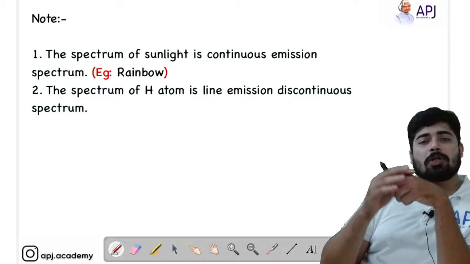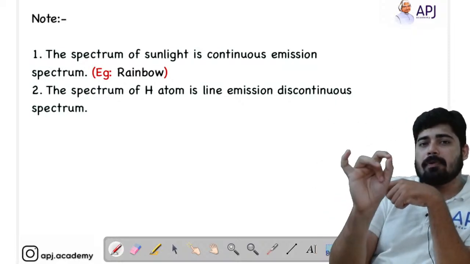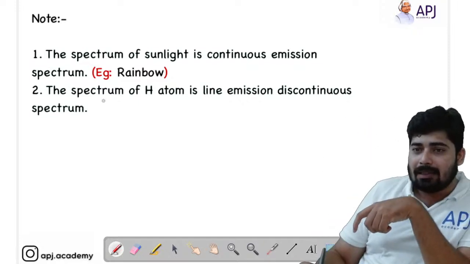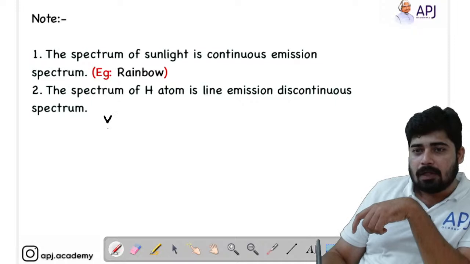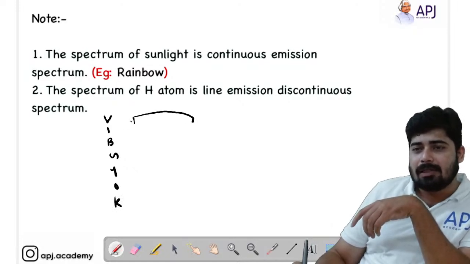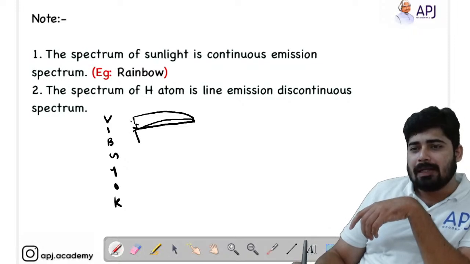And what you also see is that you will not see any gap between each color band. We know that in the case of VIBGYOR, we have violet, indigo, blue, green, yellow, orange, red. There are 7 colors, and these 7 colors are seen as a band or a strip. And this strip is completely continuous.